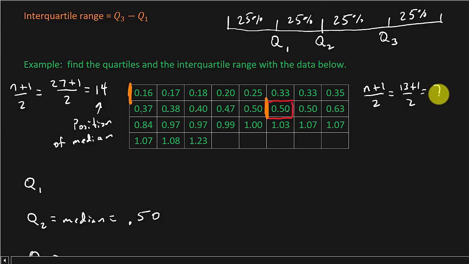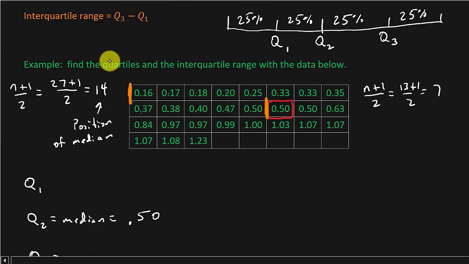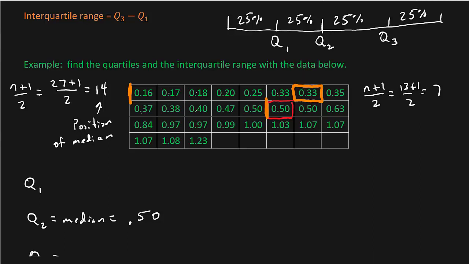So our median is in the 7th position. Okay, so let's count. 1, 2, 3, 4, 5, 6, 7. There's the middle position. Okay, so that's the median of the lower half of the data. And so Q1 is 0.33.